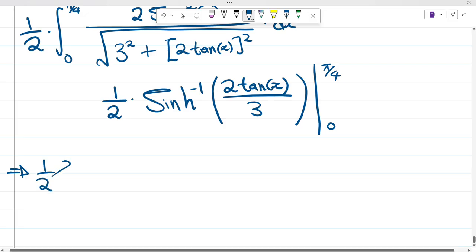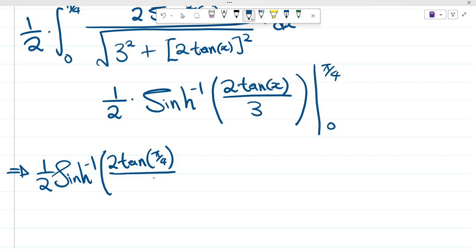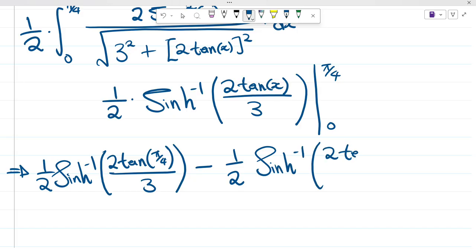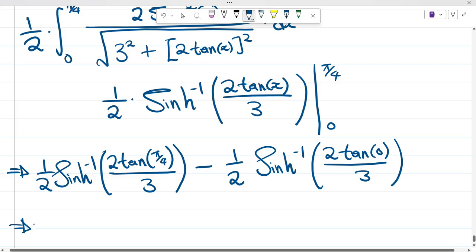So this is going to be 1 over 2 inverse hyperbolic sine of 2 tan of pi over 4 divided by 3, minus 1 over 2 inverse hyperbolic sine of 2 tan of 0 divided by 3. And then you close, and then you find out from the calculator how much you get.